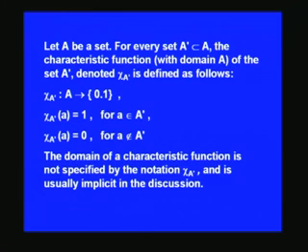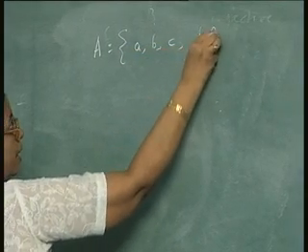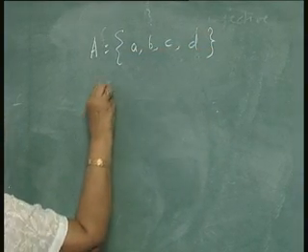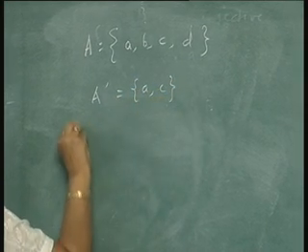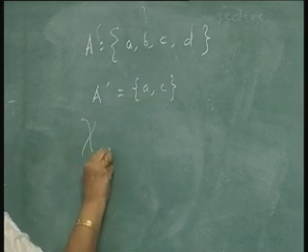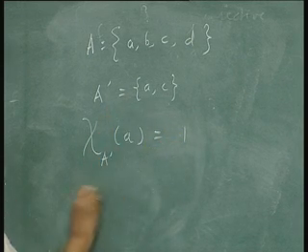Take for example a set A equal to {a, b, c, d}. It has 4 elements. You take a subset A dash equal to {a, c}. How do you define the characteristic function chi A dash? Chi A dash of a is equal to 1 because it belongs to the subset.